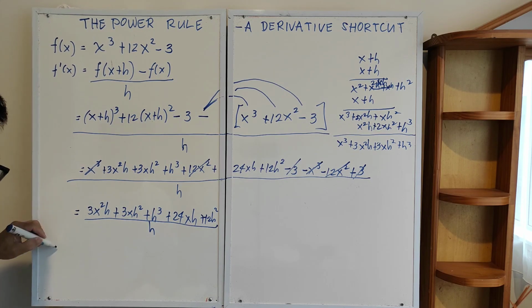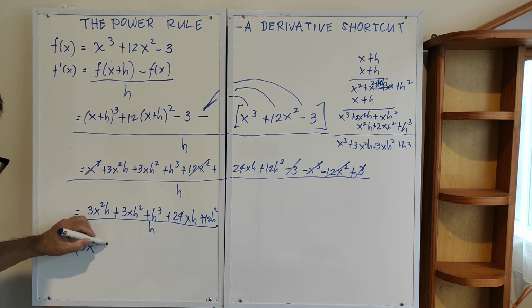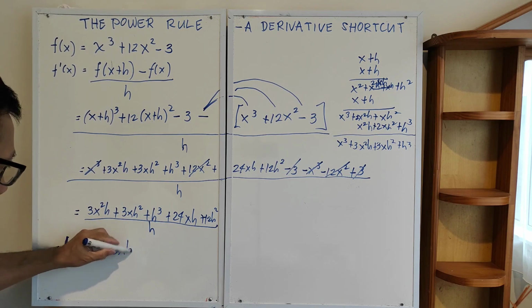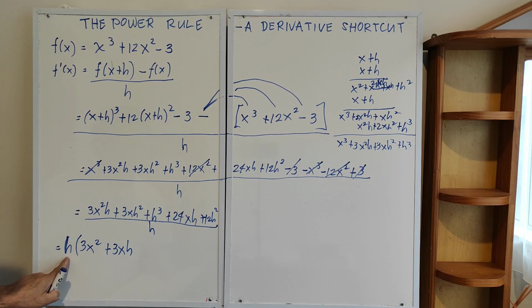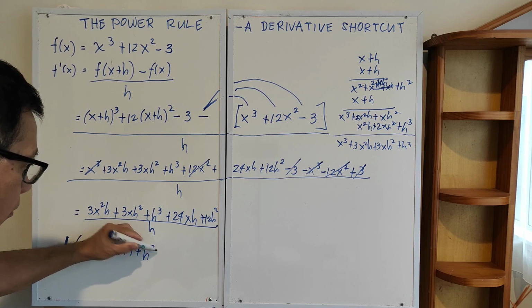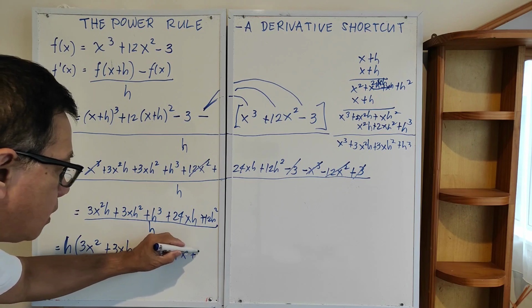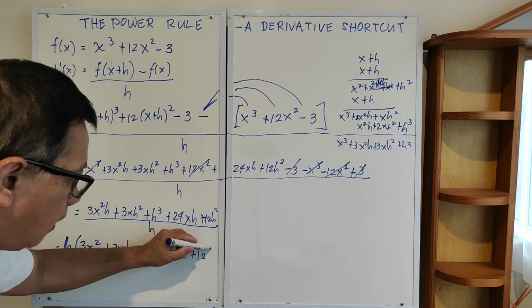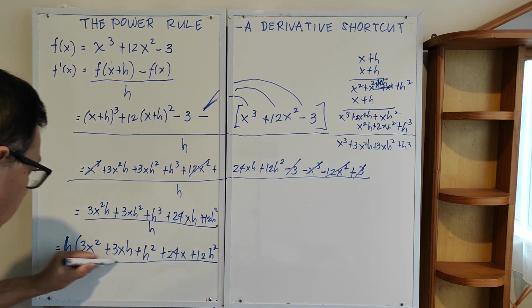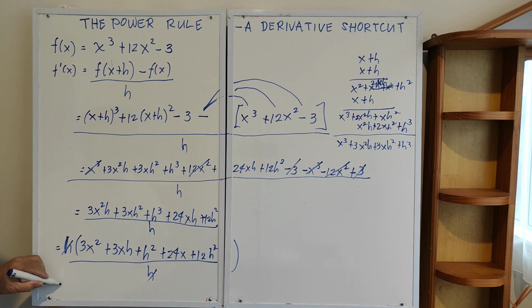So here we only have 3x squared plus 3xh plus h squared plus 24x plus 12h, all over h. So h and h will cancel out, and what we have left is this one.